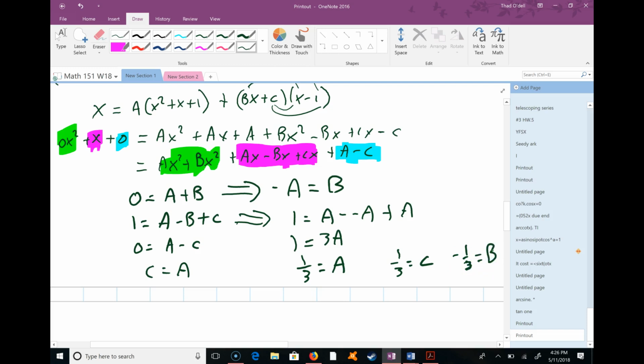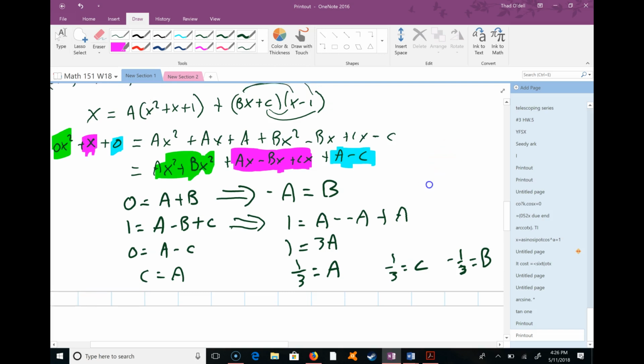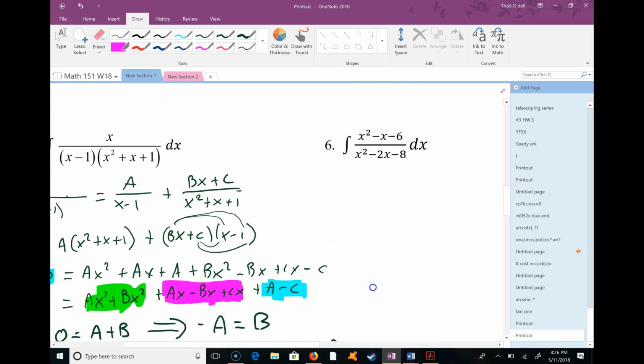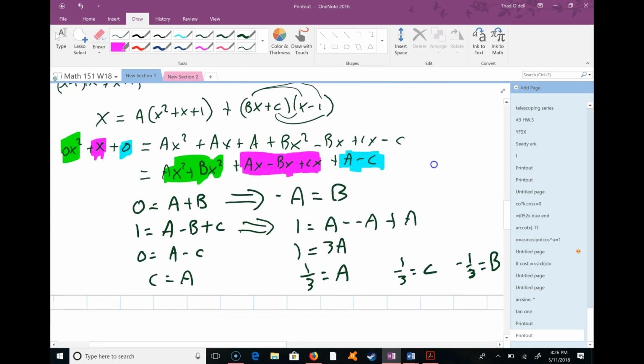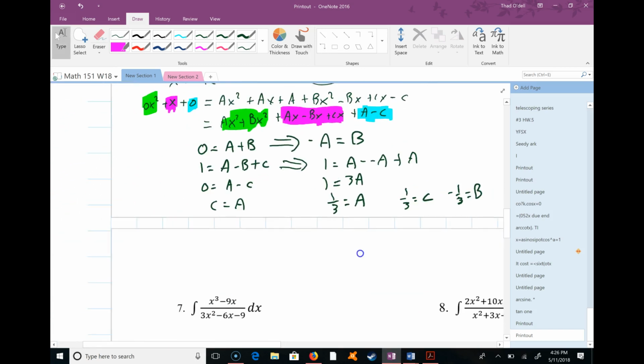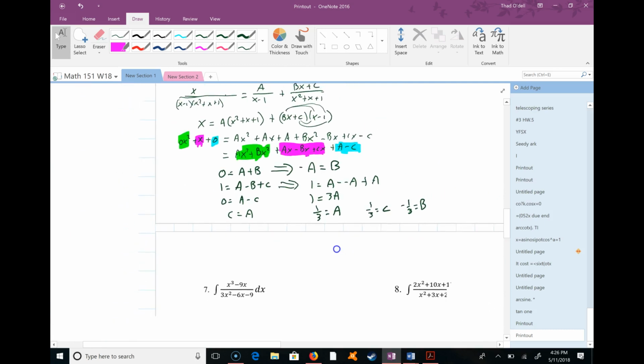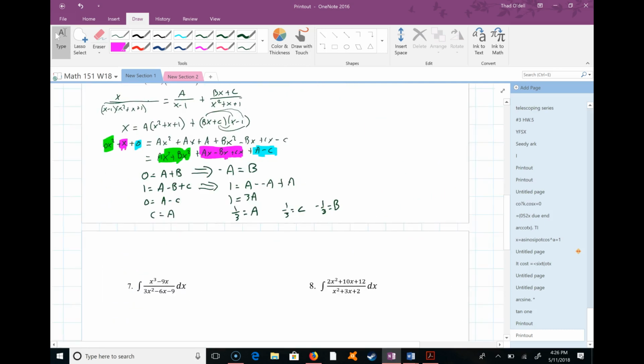So now we're going to rewrite our equation up here. I'll shrink it down a little bit so I can see it. There we go. So our integral now is going to be 1/3 over x minus 1, and I'll put a dx in there because I can separate them.